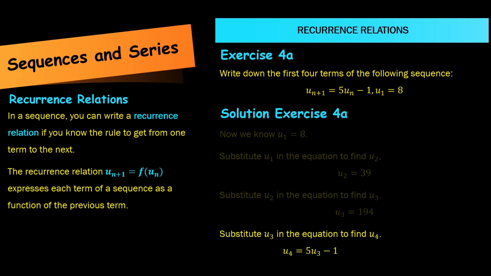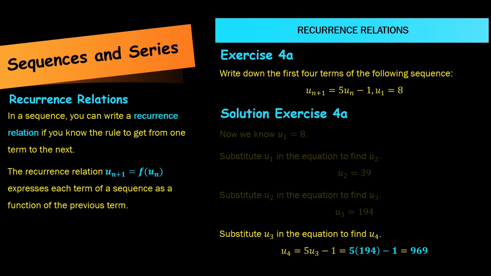And similarly, plugging in n equals 3 in the recurrence relation gives us u4 equals 5u3 minus 1. And then plugging in the value of u3, which is 194, gives us that u4 equals 969.